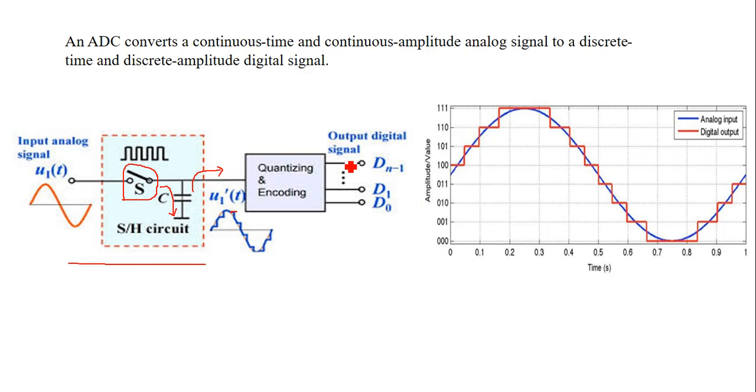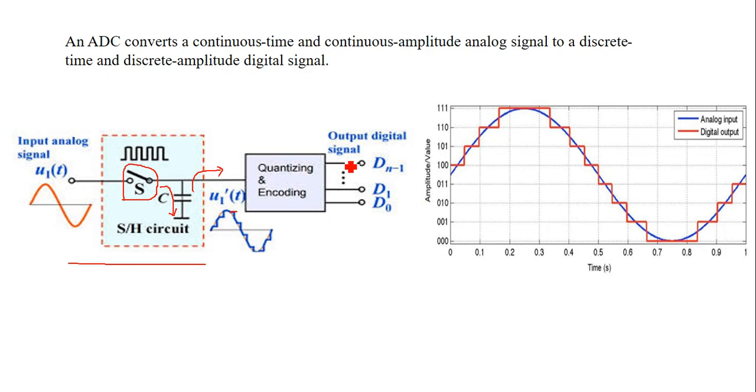The signal is first sampled, then quantized, which determines the resolution of the signal, and finally we get the binary values and send them to the microcontroller or microprocessor for further processing.